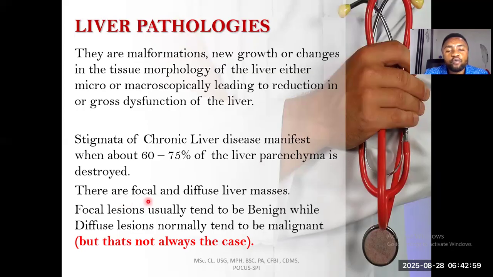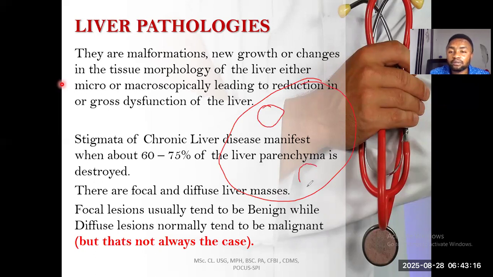There are focal and diffuse liver masses. Liver masses, we have focal and diffuse. Focal means that they are like this. Focal has a focus. If this is the liver, focal, you see them like that. You see one here, you can see one here, like that. You can see them separate from each other, and they have focus.